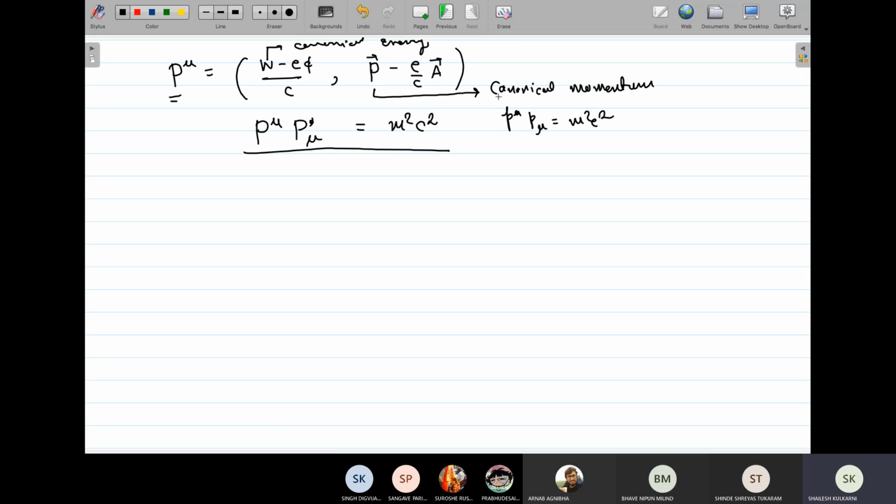Right? So now it is clear that if I consider the quantity E equal to W minus e phi, and take its time derivative, will I get 0 or not? Will I get 0 here?